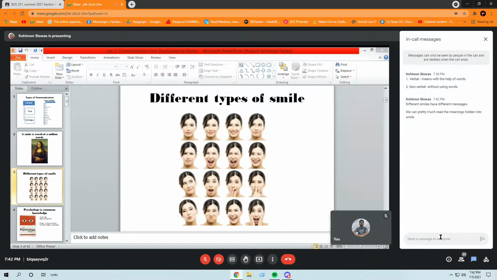Is it not? Smiles have different messages, and we can pretty much read the meanings hidden in a smile. So this is about non-verbal communication. There is no word, but still it is communicating, and pretty much we can understand what the message could be.